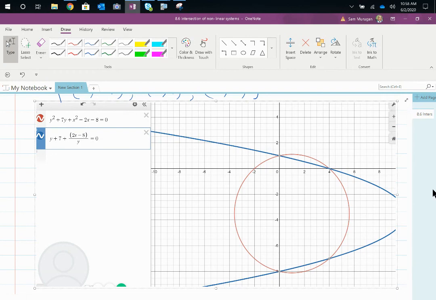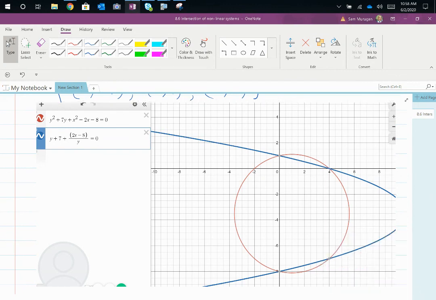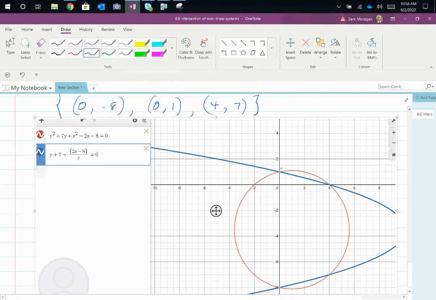Okay, so to demonstrate what we have on this graph for our answer, we can see that the points do exist. Right here we have the first solution, which is at 0 and 1. Our second solution is at 0 and negative 8.